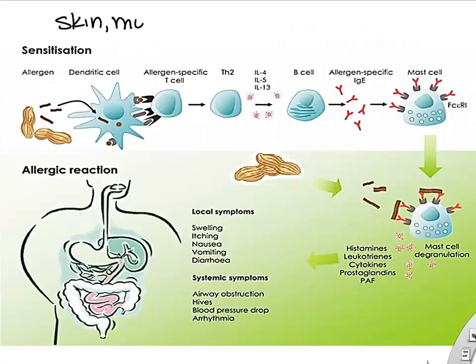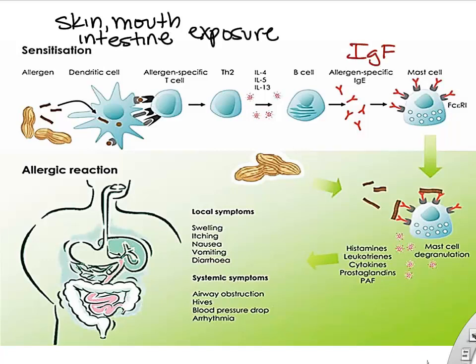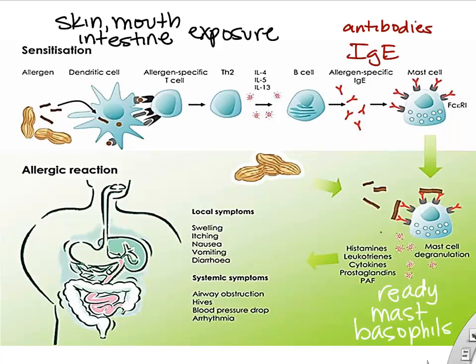So remember, when you get exposed to anything that causes an allergy, including food allergies, your immune system triggers the B cells to make these IgE antibodies. The IgE antibodies make your basophils and mast cells super sensitive to the corresponding antigen.